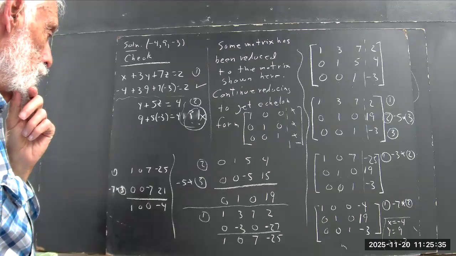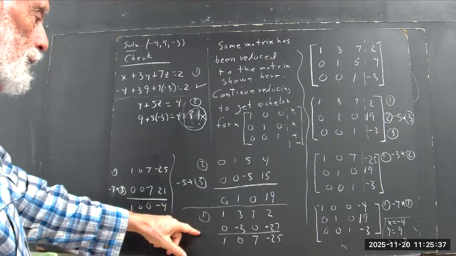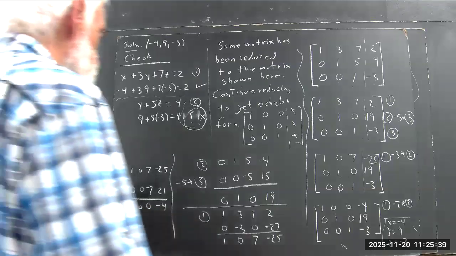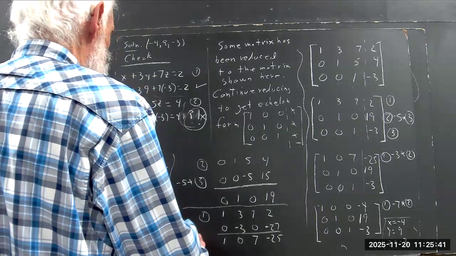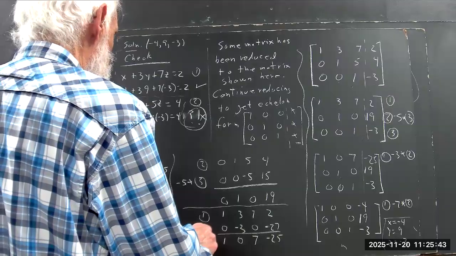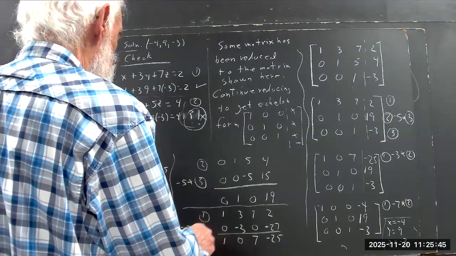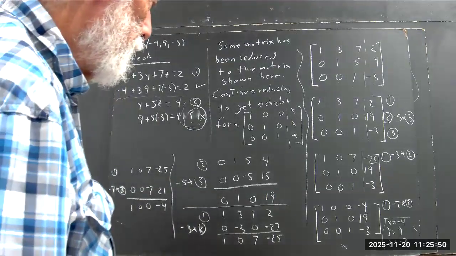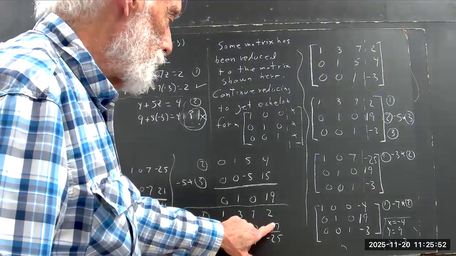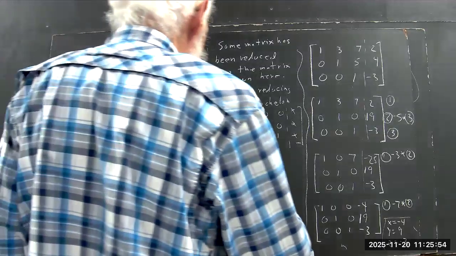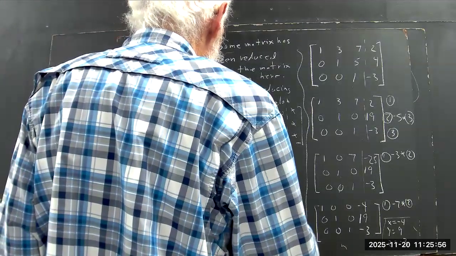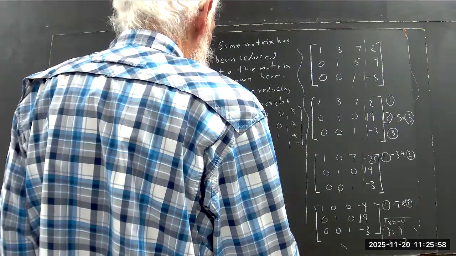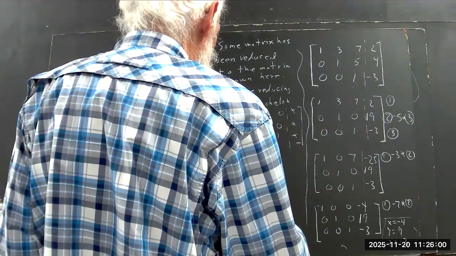I didn't write down what I'd done here, but that's row 1. So that's -3 times row 2. And instead of -19 here, I should have had -57. Which gives us -55 in this step.